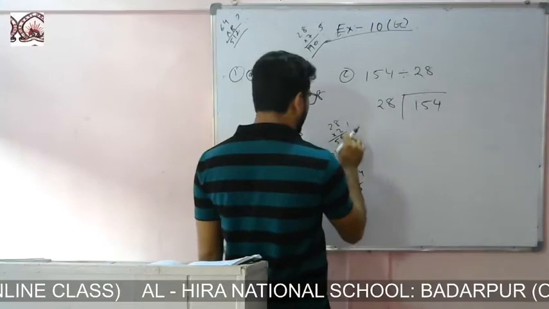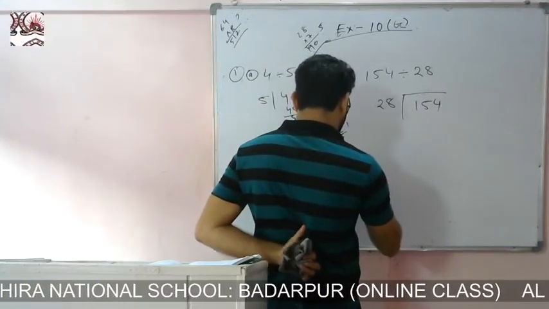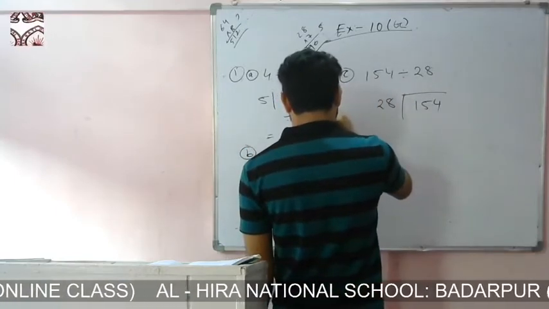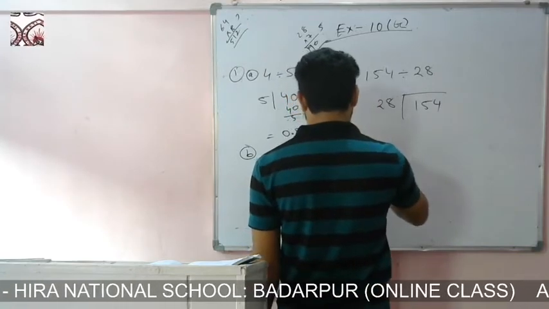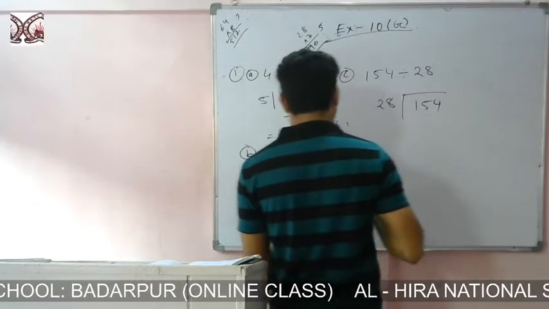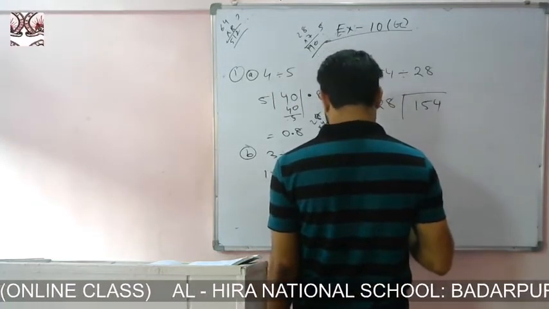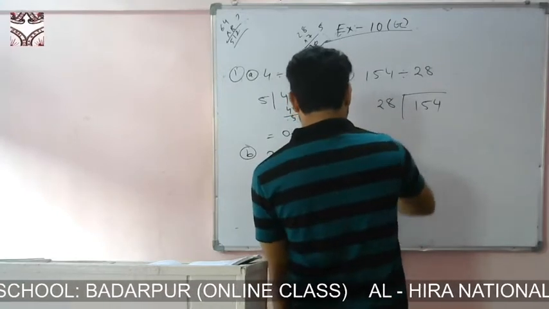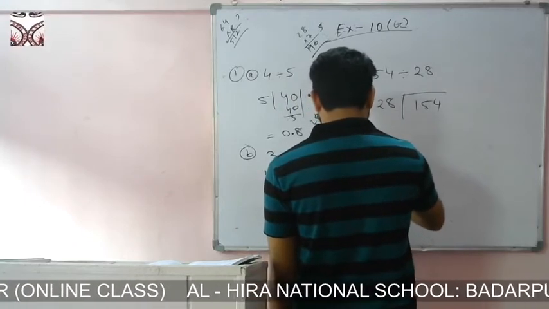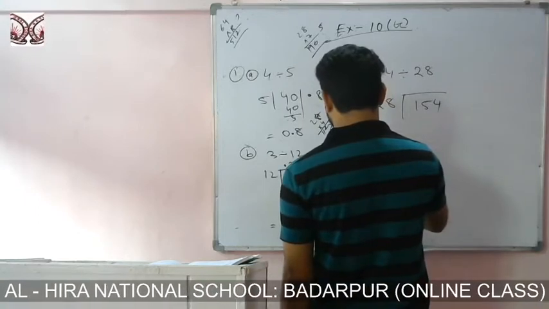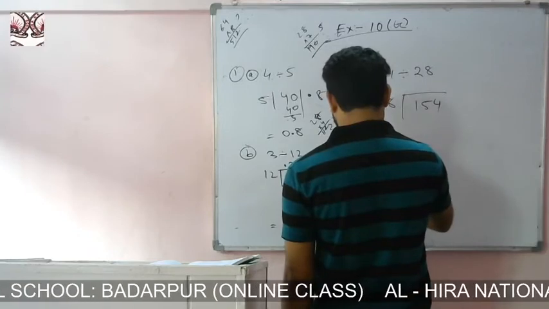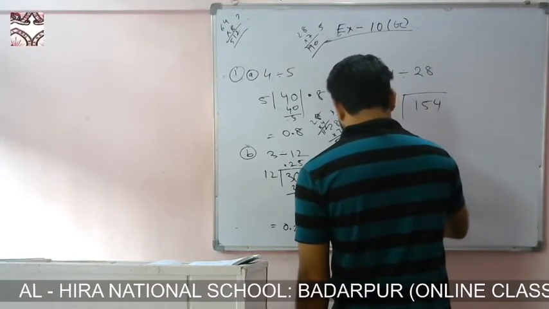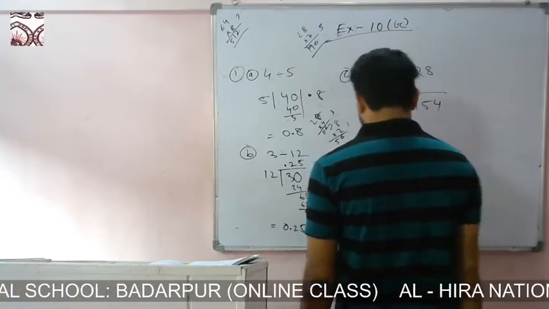154. So 28 2s are 2 2s are 4, 56. Then 28 3s are 84. 28 4s are 112.